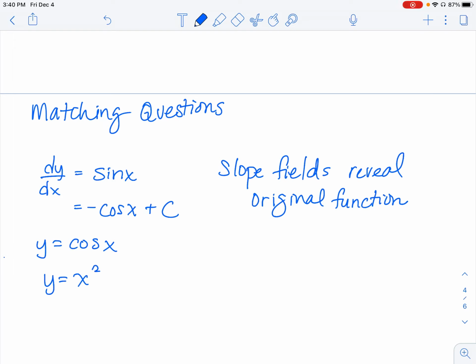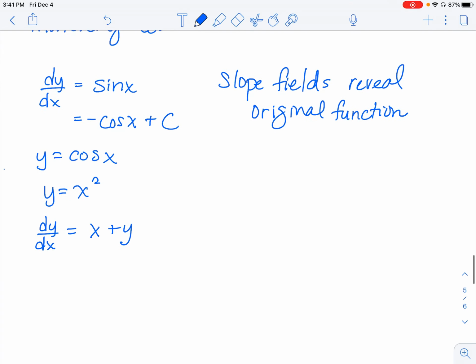With the other ones that involve both x and y, for let's say when it says dy dx is equal to x plus y. When I see these, I am trying to figure out what numbers for x and y, so what ordered pairs, would give me 0, because then I know that I have a horizontal tangent.